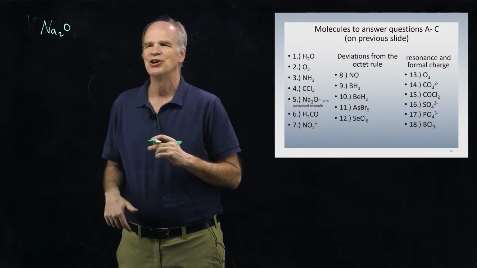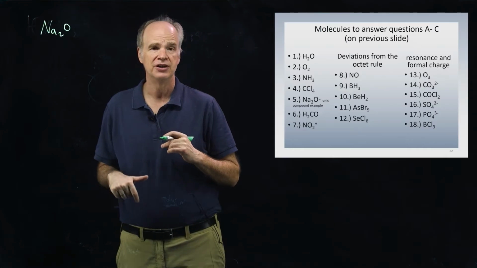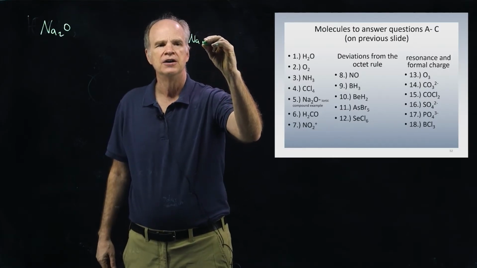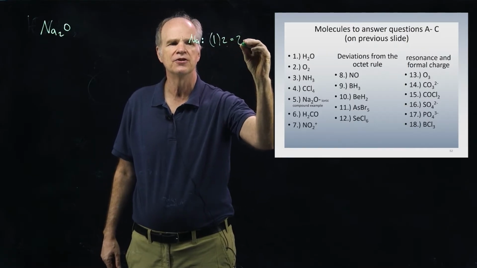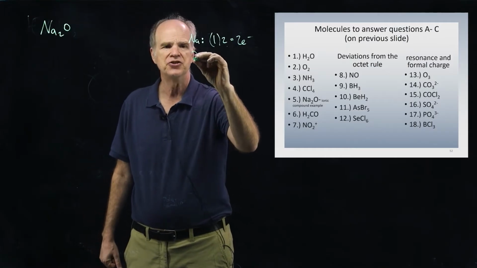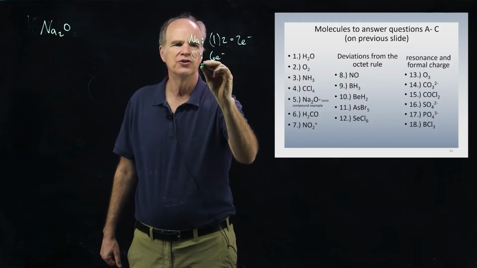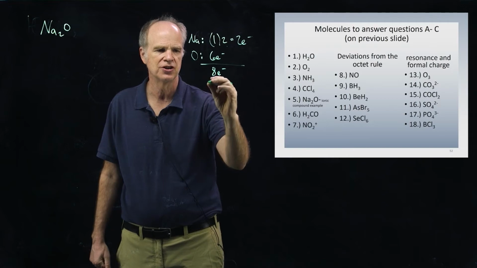Okay, so here, can you calculate the total number of valence electrons in sodium oxide? So sodium has one valence electron, and there are two of them, so there are a total of 2 electrons that are contributed by the 2 sodium atoms. Oxygen has 6 valence electrons, and so there are a total of 8 valence electrons in this structure.